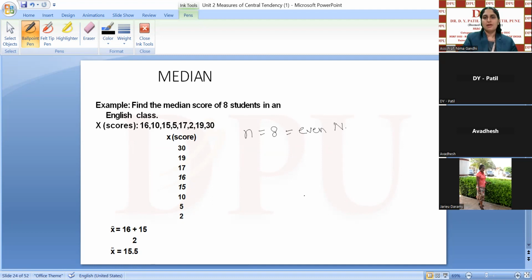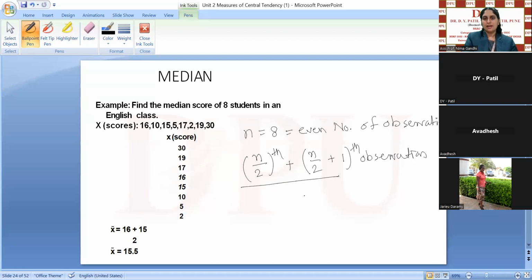Even number of observations. So in case of even number of observations, your median is n by 2th observation plus n by 2 plus 1th observation, divided by 2.